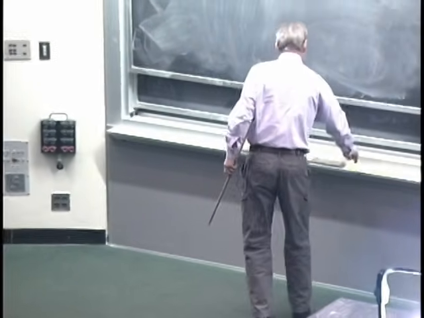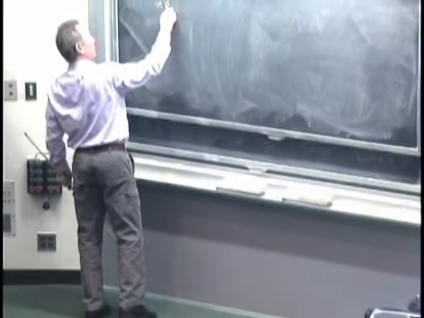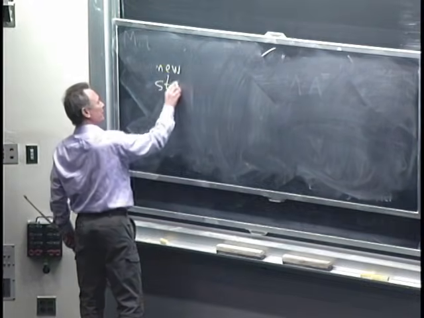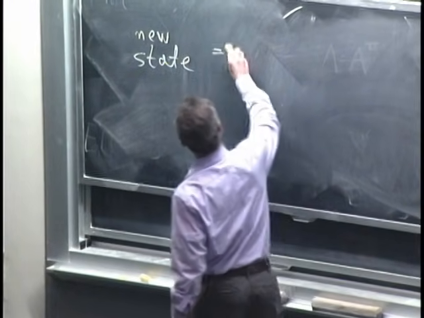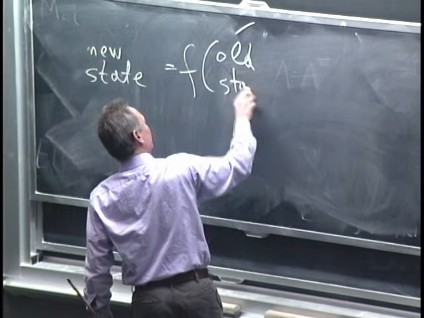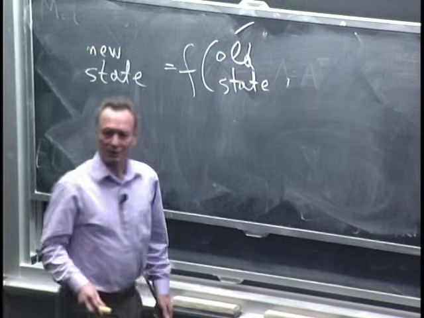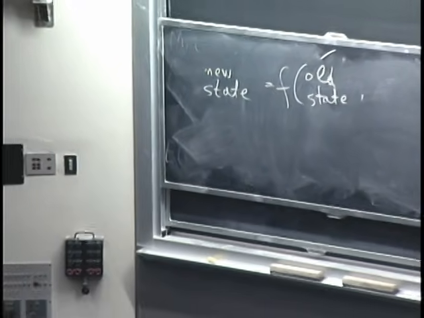So the basic idea is the following. In physics, for example, you write down equations for how a system evolves that have the general form: the new state of a system 1 second later is some function of the old state. So Newton's equations and all that in physics allow you to write equations of this kind.